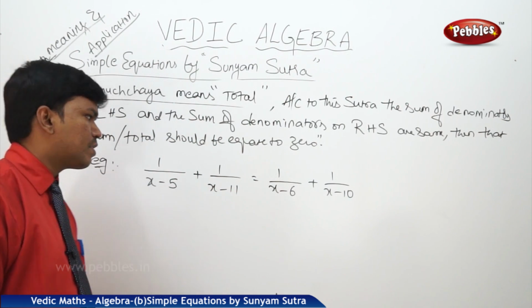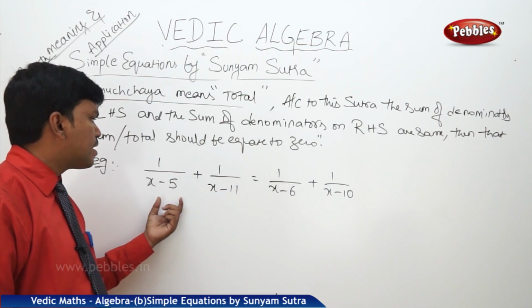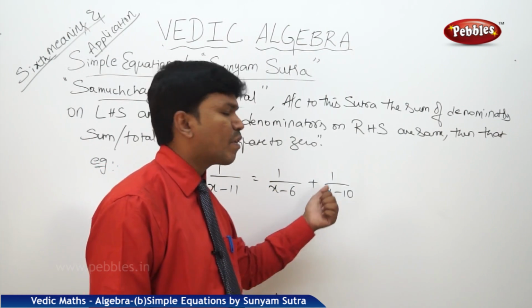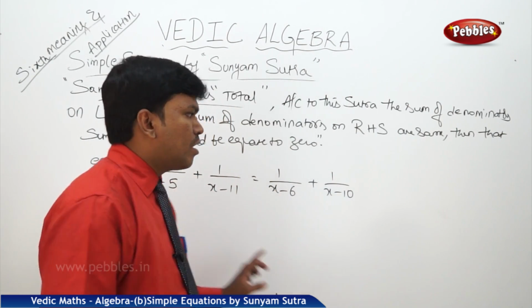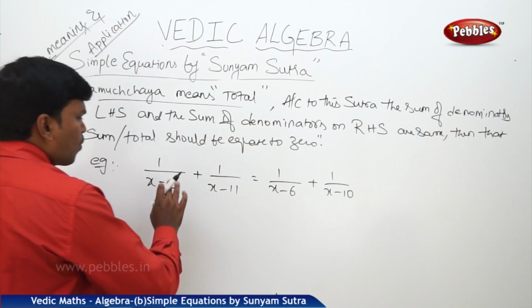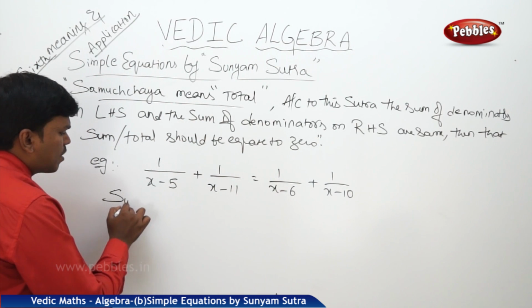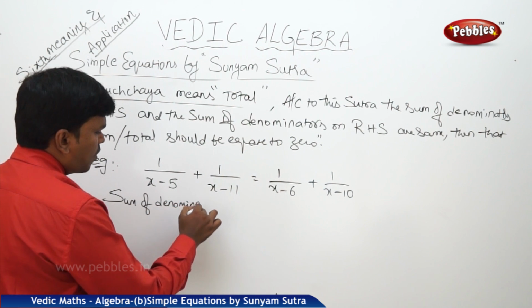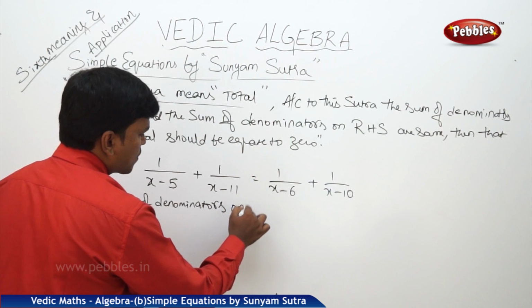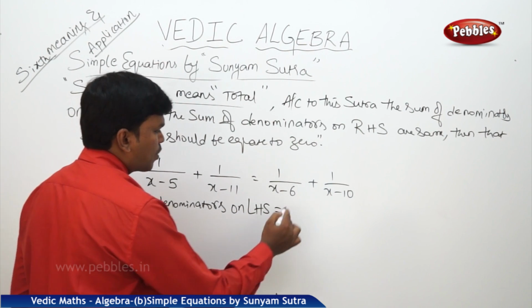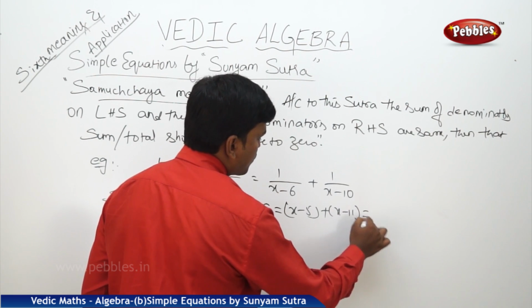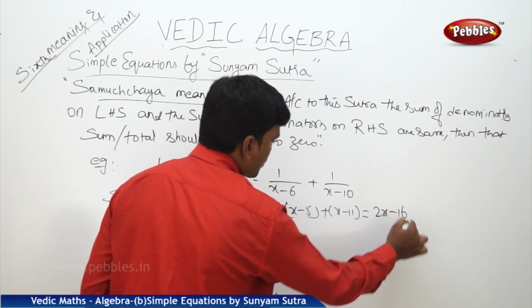So what is the equation we are seeing here? 1 by x minus 5 plus 1 by x minus 11 equal to 1 by x minus 6 plus 1 by x minus 10. If you observe, take the sum of denominators on LHS, equal to x minus 5 plus x minus 11. How much? 2x minus 16.